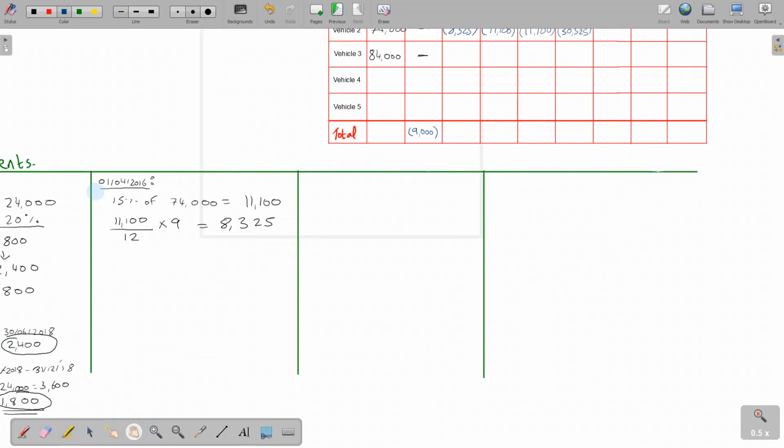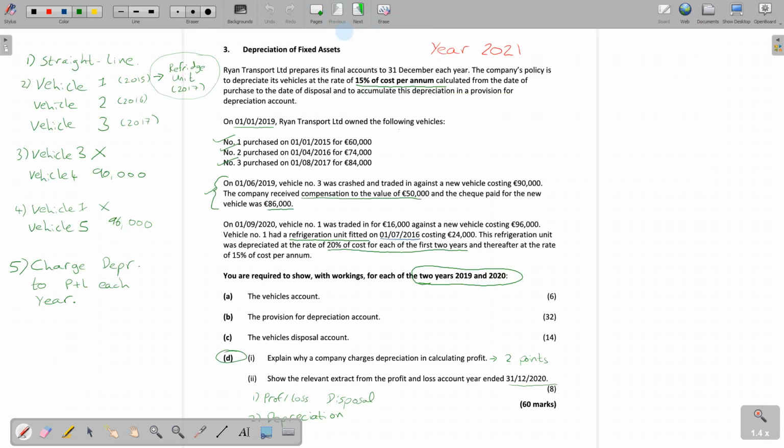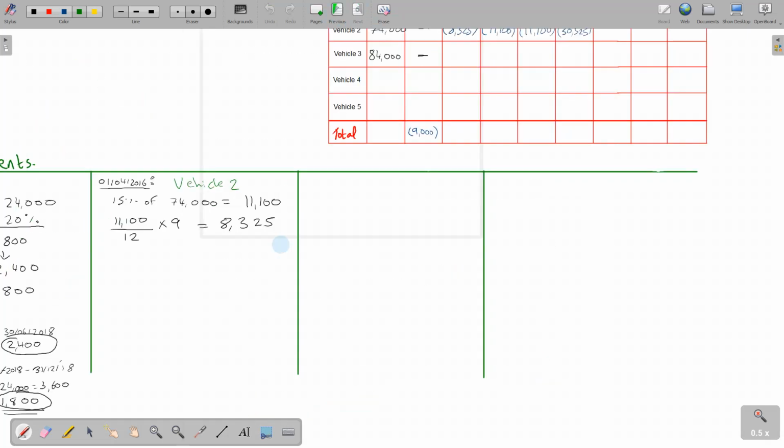Now I might just leave that as vehicle 2 for now, because we probably have disposal on that. Oh no, we'll see what we have disposal on again, sorry. We have disposal on vehicle 1, vehicle 3. So we might just use this as vehicle 3. And we can use this for disposal then as well at the same time.